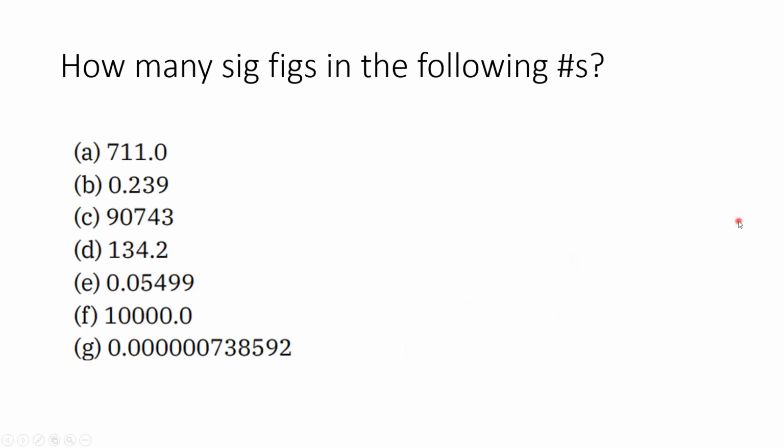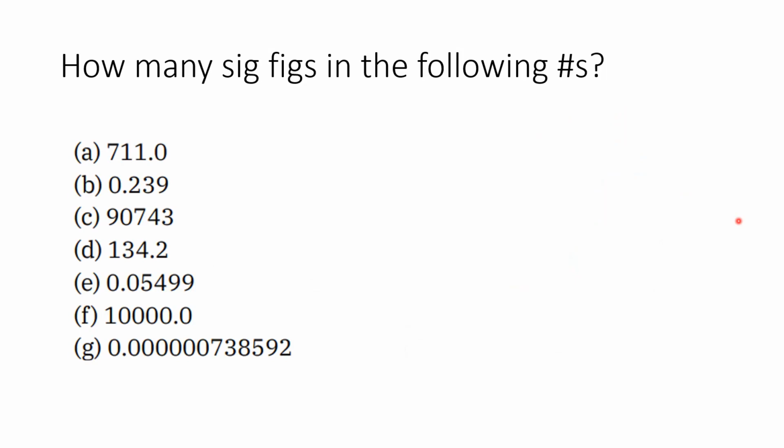So if you want to take a moment and try to practice with those rules and identify in these 7 examples how many significant figures we would have there. And again, you can think about Atlantic or Pacific, or you can think about just the 5 rules that we went through initially.